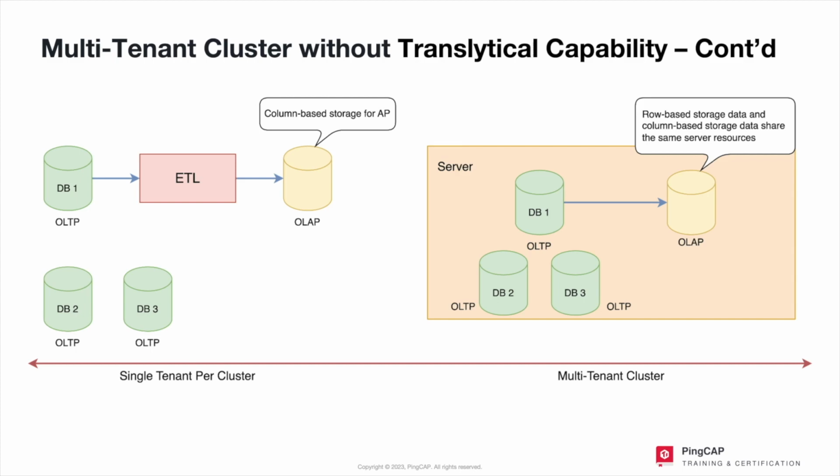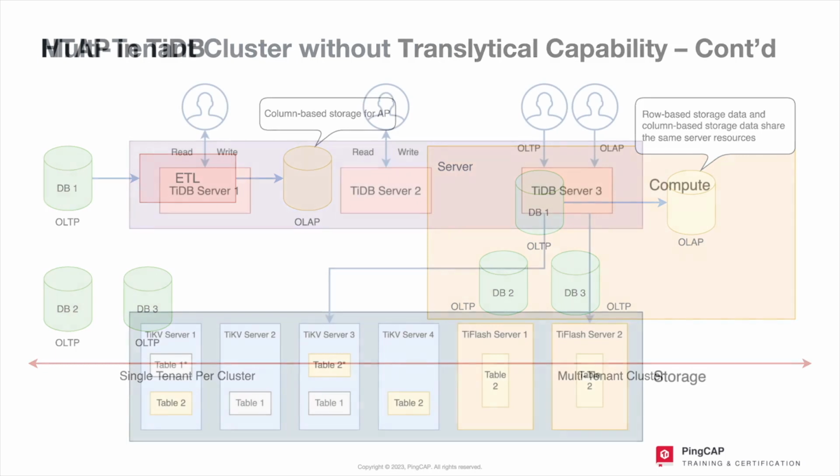The reason for the unpredictability is the long-term CPU usage of OLAP workloads. This means that OLTP queries may not meet their response time requirements. Let's summarize by saying, storing row-based data and columnar data on the same server is not a good solution for tenants who have both OLTP and OLAP businesses.